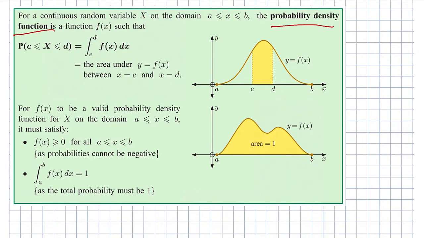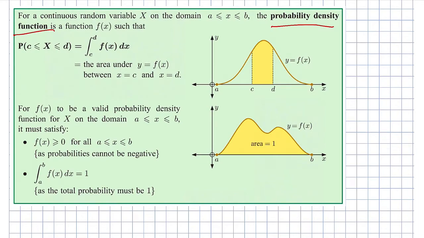One of them has to be that the area that's encompassed underneath the whole function has to be equal to 1. That 1 means the whole of the data, like 100% of the data. Okay, and we're talking about a probability, and we know that we can only have a probability up to 100%. We can't have a probability greater than that.